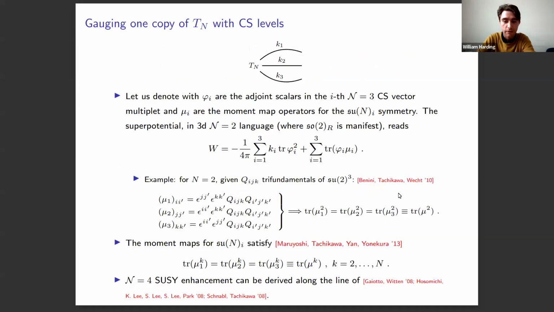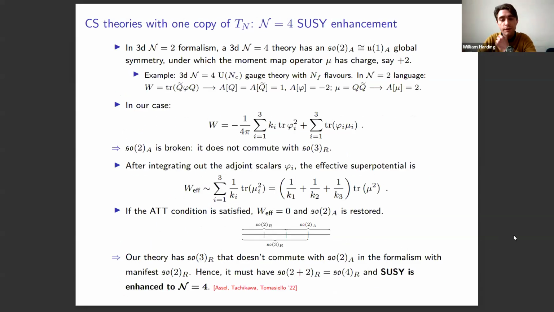So let us recall it. So this condition satisfied by the moment map operators. Let us use this. And we can rewrite the effective superpotential in this simple way. So 1 over K1 plus 1 over K2 plus 1 over K3 times trace of mu squared.